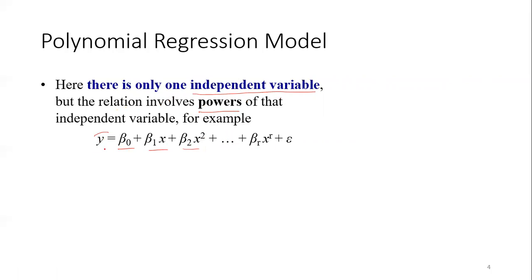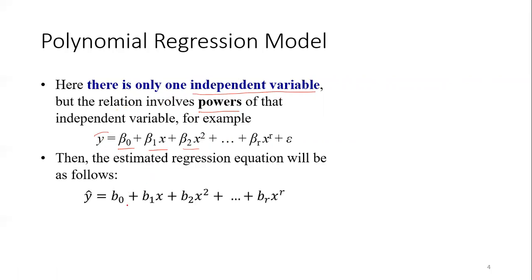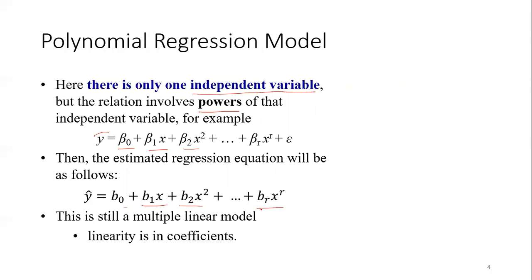So y is related with different powers of x. The estimated regression line will be b0 plus b1x, b2x squared, up to brx to the r. This is still linear because it's linear in terms of the coefficients.